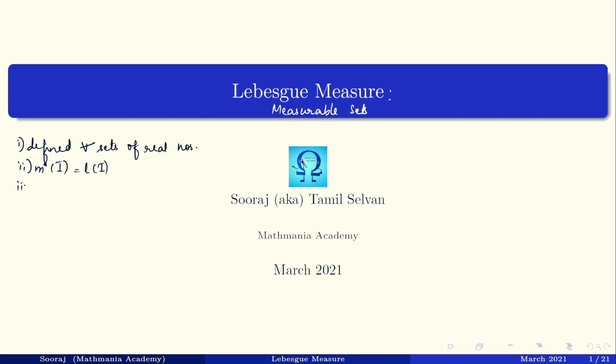Outer measure is countably subadditive. And the fourth one is that outer measure is translation invariant.